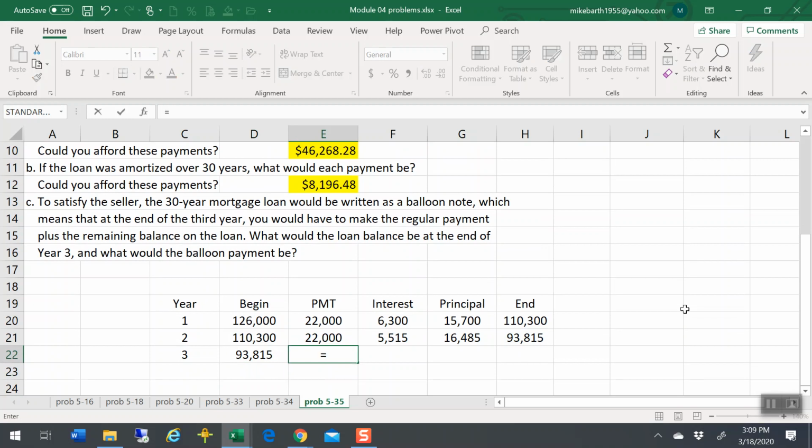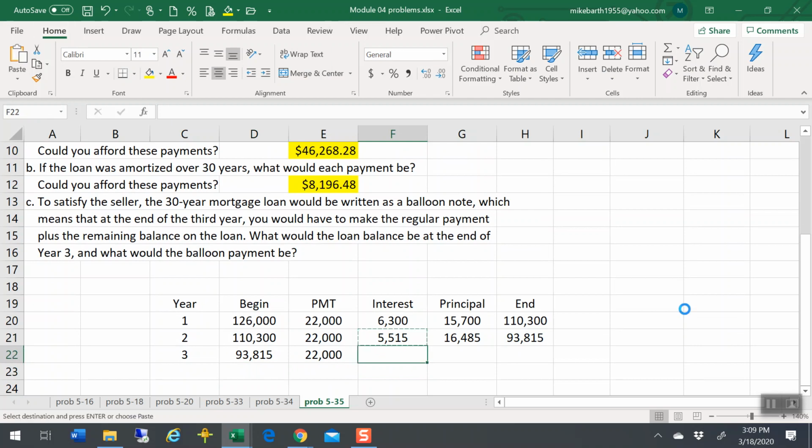I send a $22,000 payment. The interest would again be 5% of what I owe them still, which would mean that the principal I'd pay would be $17,309 with that payment, and I would still owe them $76,506, which I get from taking the beginning balance of $93,815 and then subtracting the $17,309 of principal.